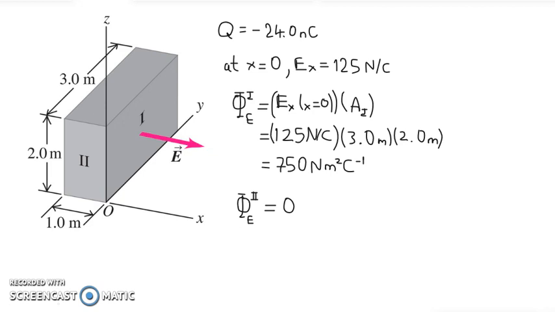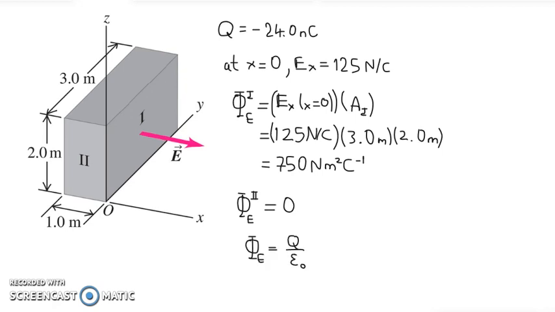Part C is asking what is the magnitude and direction of the electric field at the opposite surface of surface 1. So that's the back surface of the box. For that, let's apply Gauss's law since we know the enclosed charge. According to Gauss's law, net flux through this volume is equal to the enclosed charge Q divided by epsilon 0. So what is that net flux? Well, there's flux through surface 1, there's flux through the back surface, and that's where we're looking for the electric field.